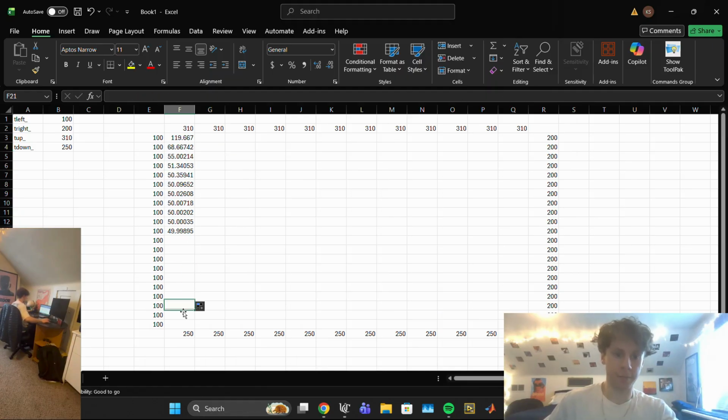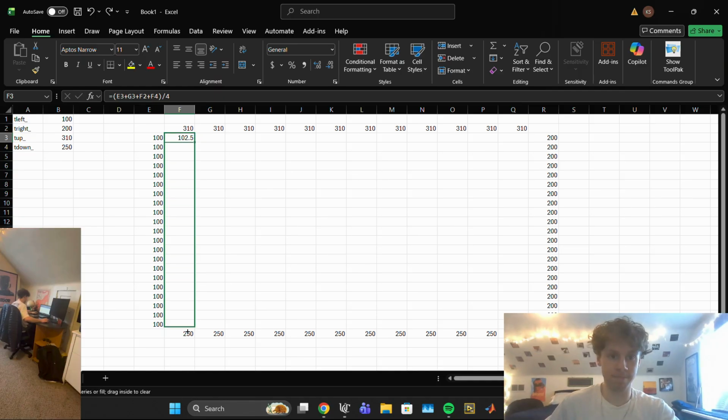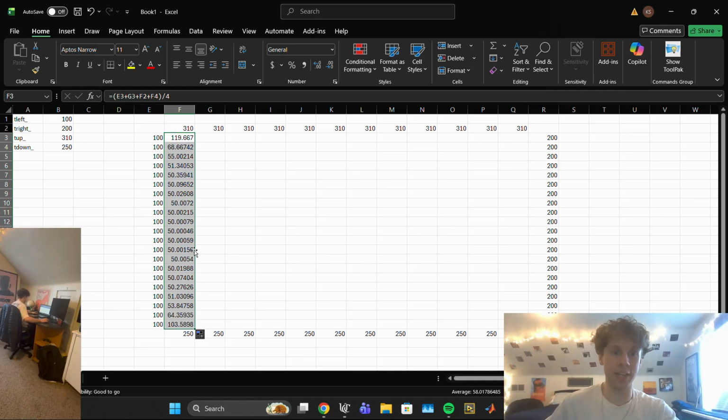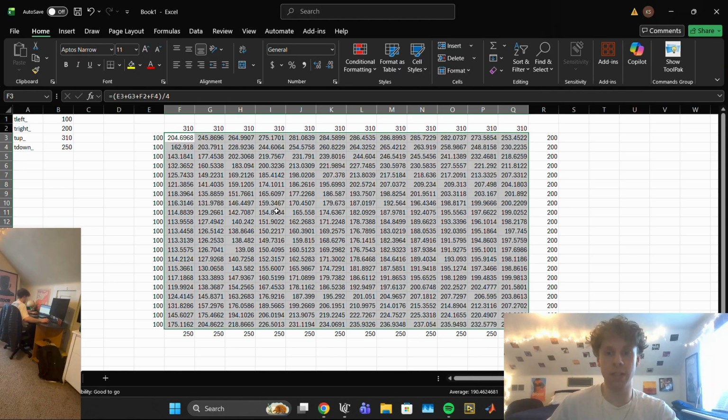So if we then drag this down, oops, let me try that again. If we drag this down, okay, third time's the charm, and drag that across, we can see how the temperature changes throughout the entire surface.